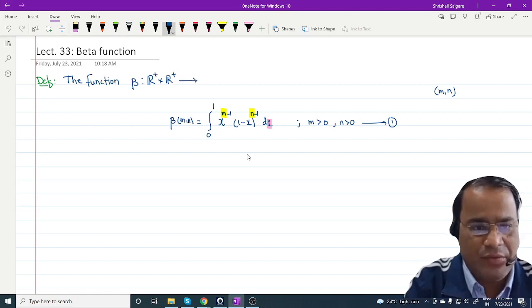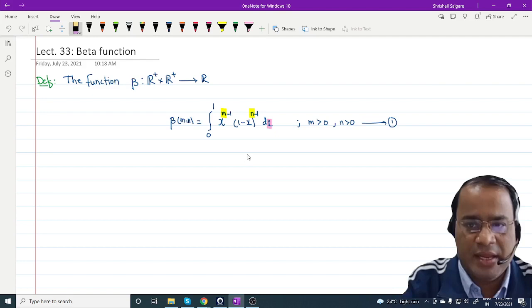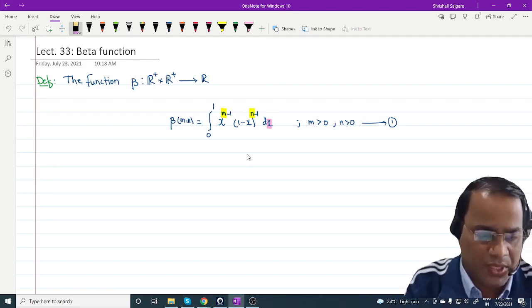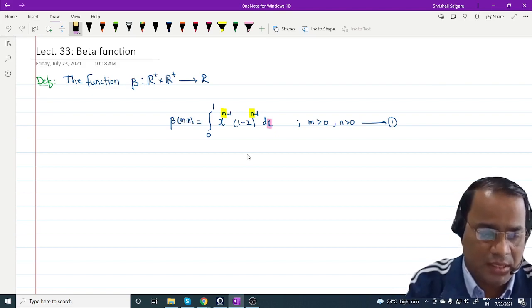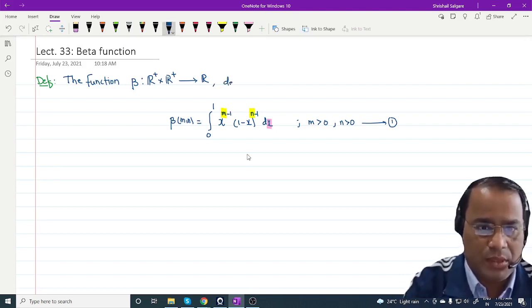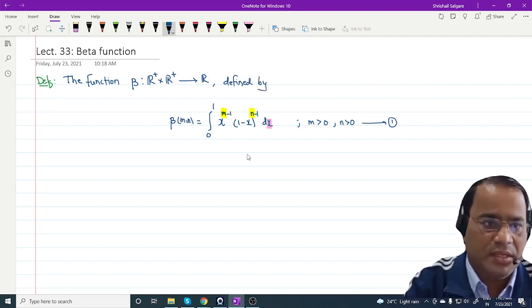When you evaluate the integral, that is a real number. So it is a function from R plus cross R plus, defined by the rule.